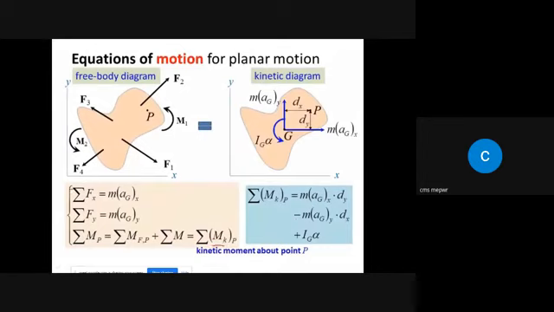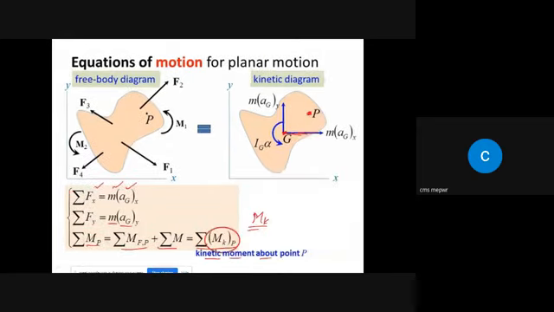For example, if this was the point, then definitely this force will have some moment about point P, which should be this force multiplied by this distance, and this force multiplied by this distance, and the inertia couple moment will remain as it is.